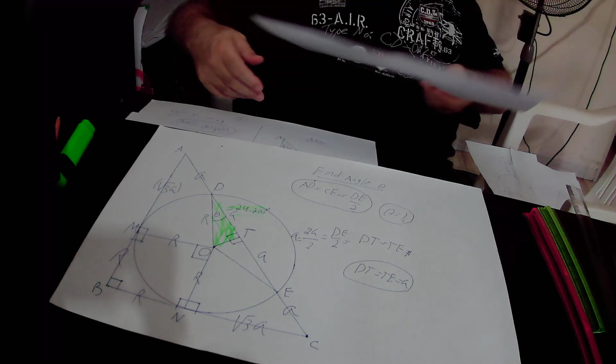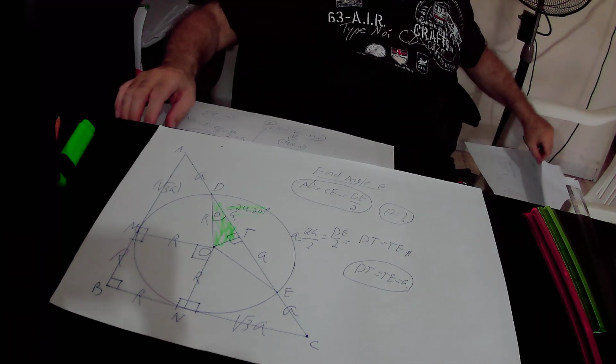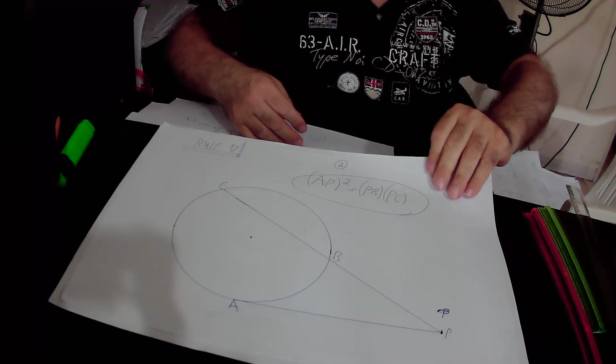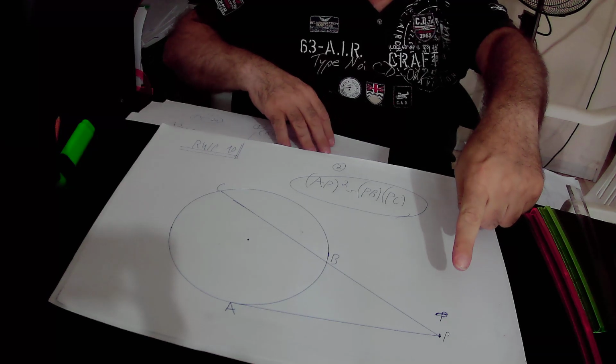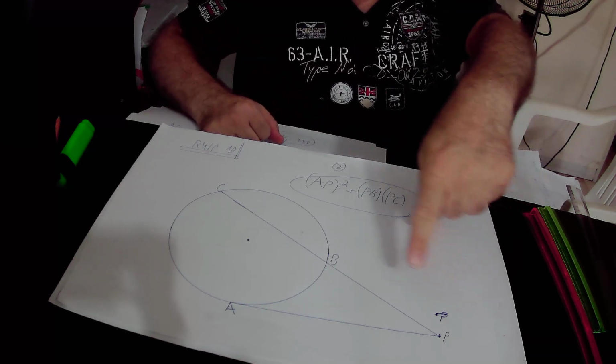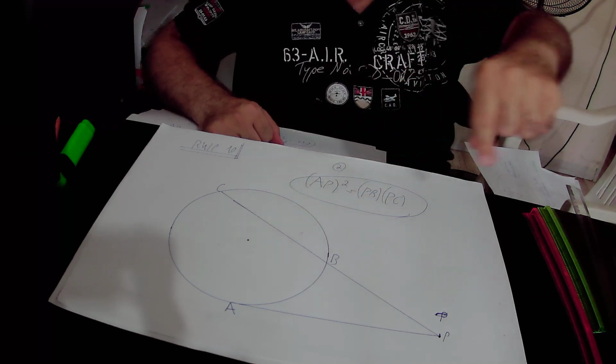Okay, then I presented to you rule number 10. According to rule number 10, if we have this circle and an external point P, from the external point P we have tangent PA, that is tangent to the circle at point A. Point A is the point of tangency.